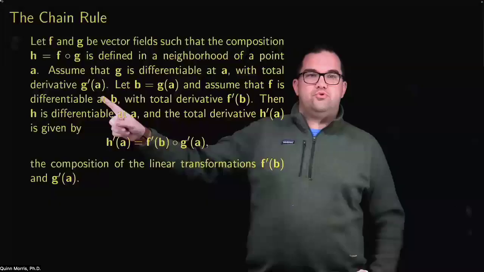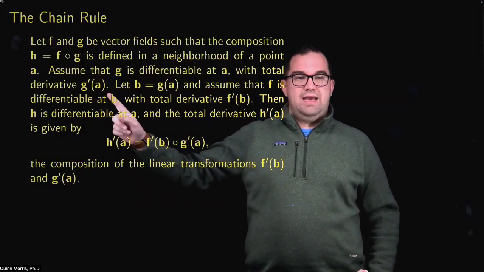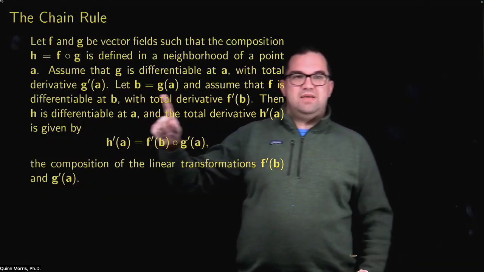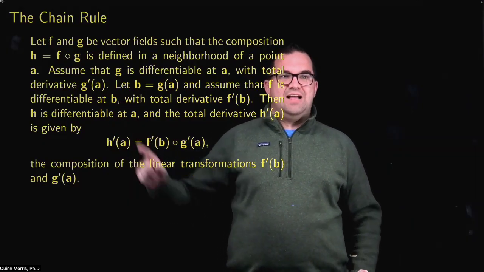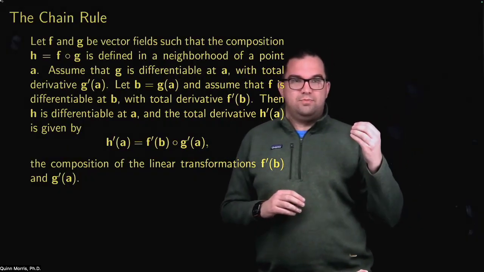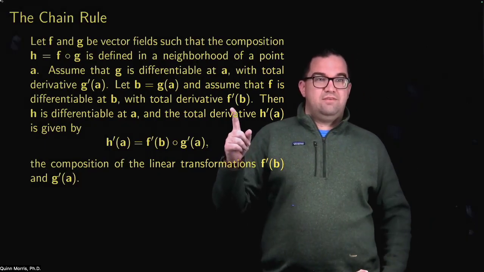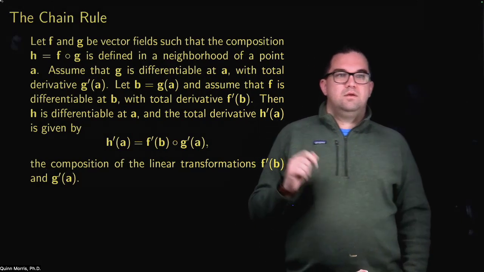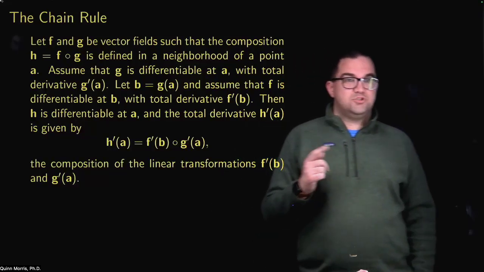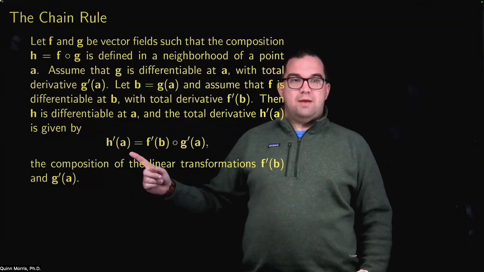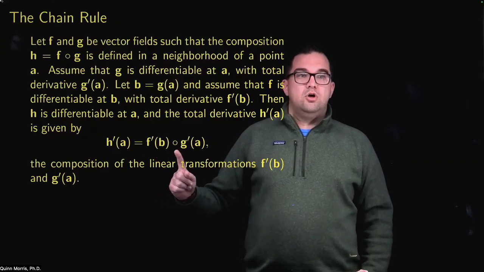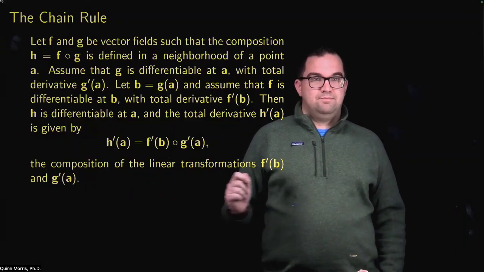So we're just going to call the total derivative of G at A, G prime of A. We're going to let B be G of A, and we're going to assume that F is differentiable at this B. So F is differentiable at G of A, because remember what F is seeing coming in is G of A. So I want F to also be differentiable at G of A with total derivative F prime of G of A. Then we can conclude that H is differentiable at A, and the total derivative H prime of A is given by H prime of A equals F prime of B, or F prime of G of A, composed with G prime of A.